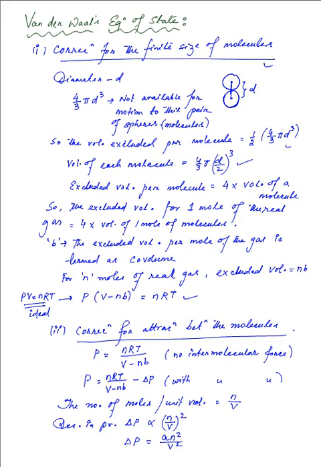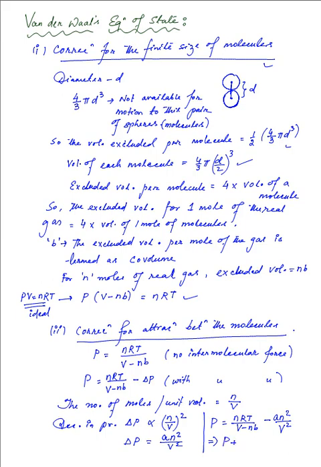So finally we have the expression for P to be equal to nRT over V minus nb, and then we have minus a n squared over V squared. And if we just put these things together, rearrange them, we have the van der Waals equation of state for real gases that we discussed earlier in our introductory, or maybe the second video, I don't remember exactly, but somewhere there.